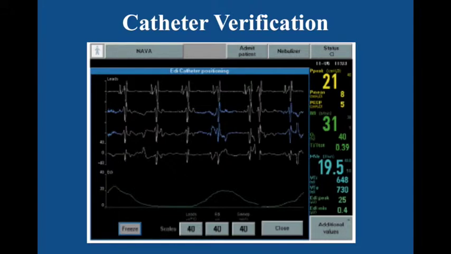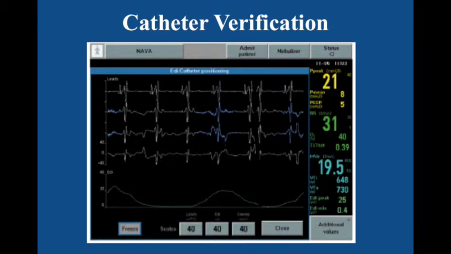When an Edi waveform is present, observe which leads are highlighted in blue, like this, and secure the Edi catheter in this position. It means we have put the Edi catheter in the right way.